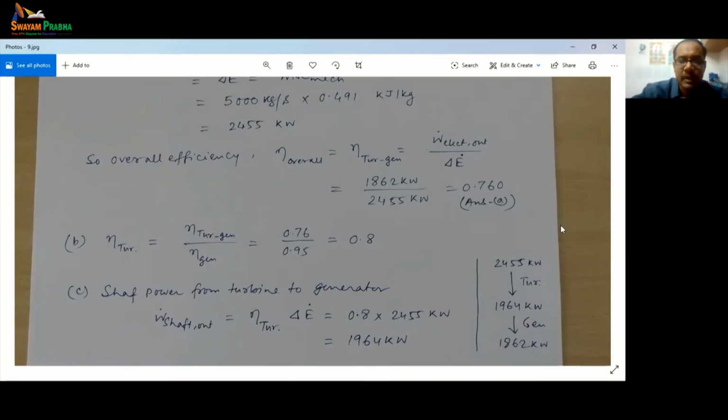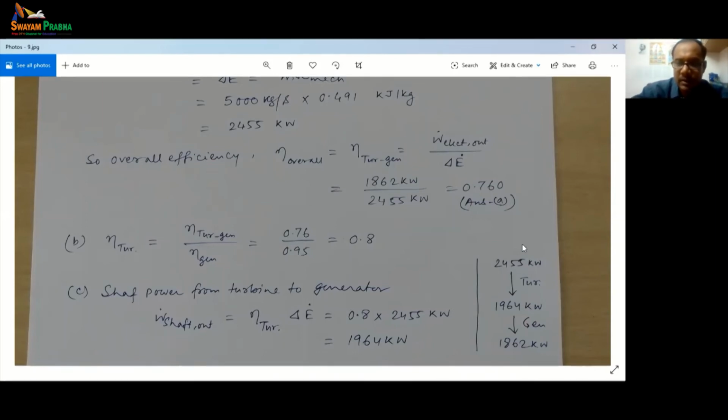Now it asks us to find what the shaft power from turbine to generator is. That shaft power output is turbine efficiency multiplied by the overall available mechanical energy, that is 0.8 into 2455 kilowatt, that means 1964 kilowatt. That's the shaft power which is going from turbine to the generator.